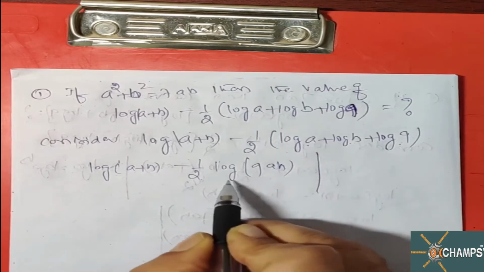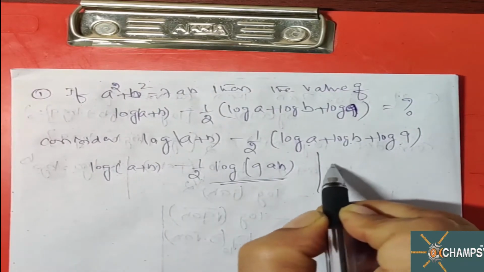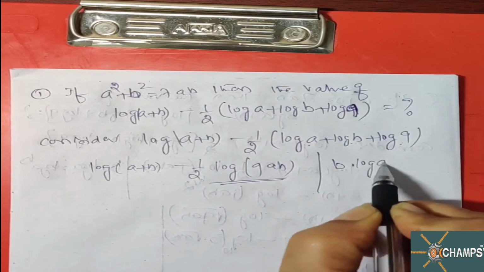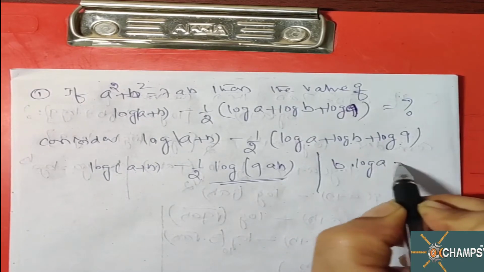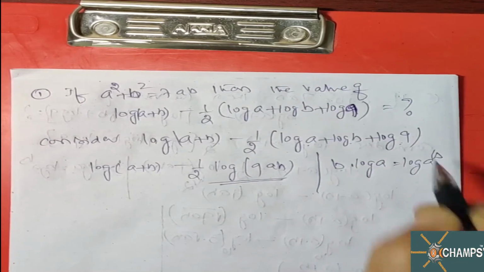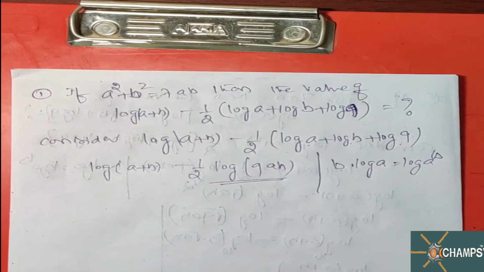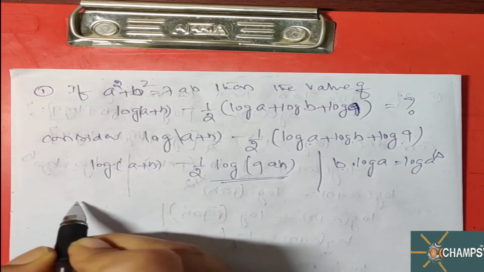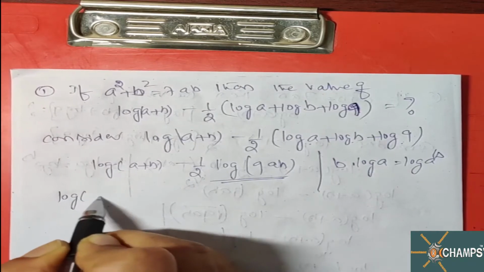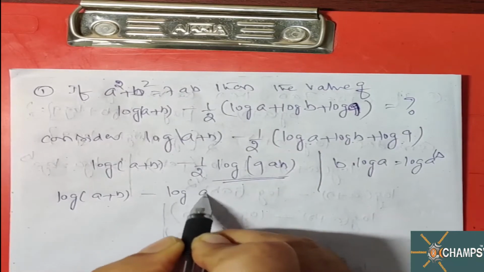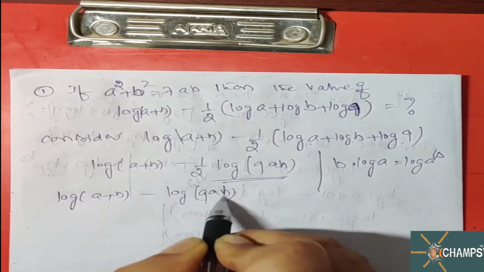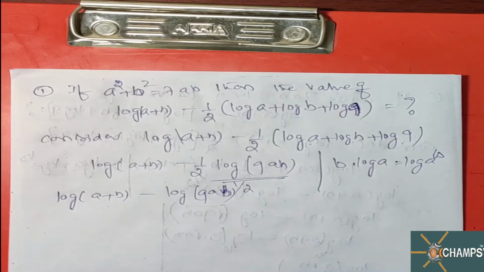Now, sir, this second term is of the type b into log a, which can be written as log a power b. So this can be written as log of a plus b minus log of 9ab to the power half.